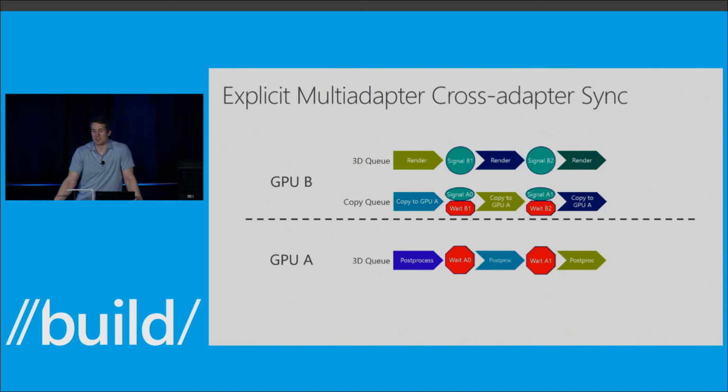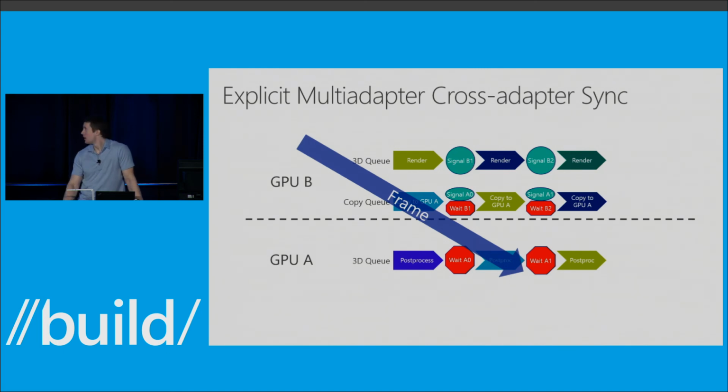Again, if you imagine that GPU B is a discrete GPU and GPU A is an integrated GPU, it's possible to split a given frame of rendering. And so you actually have a flow of data moving from processing on the discrete GPU to a copy engine, which moves the data to the integrated GPU. Then the integrated GPU processes commands. So you can see a given frame might progress in time and be pipelined through these synchronization primitives.